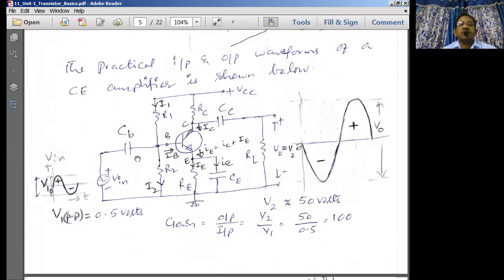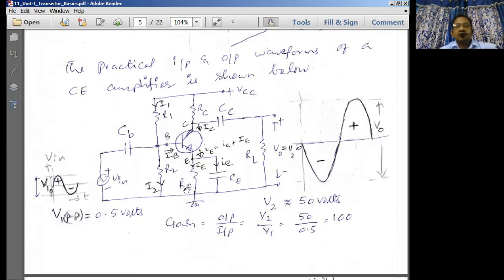And CB and CC are known as the coupling capacitors, which are normally used to couple only the AC signal to the circuit. See here, this is the signal we are going to apply. There is some positive portion and some negative portion of the input signal, a very small amplitude signal we normally apply. Now how do you know the positive portion and the negative portion? It is with respect to the average DC line at 0. This is known as the DC line. DC currents are already flowing through the amplifier circuit to provide proper DC biasing.